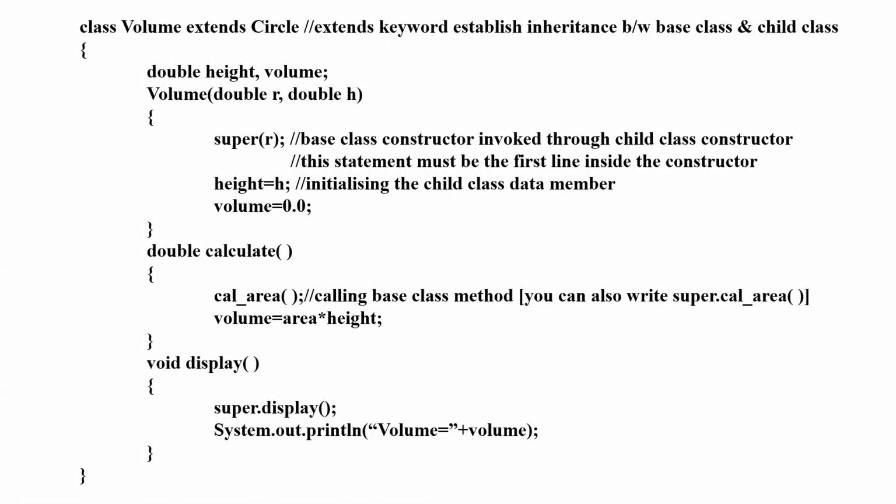The base class display function will become suppressed by the child class. This is known as function overriding. And it is resolved with the help of the super keyword in the child class. So super will invoke the base class display function inside the child class.